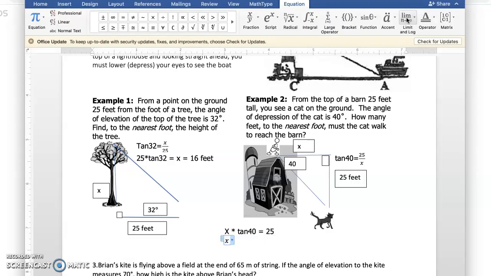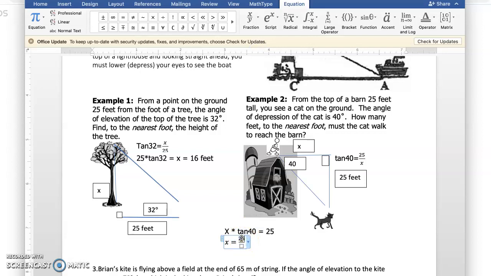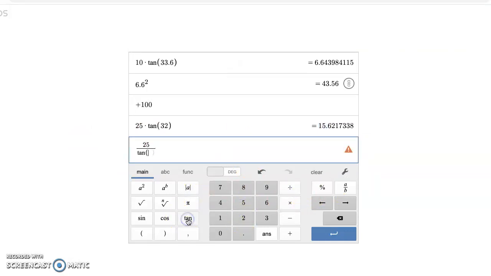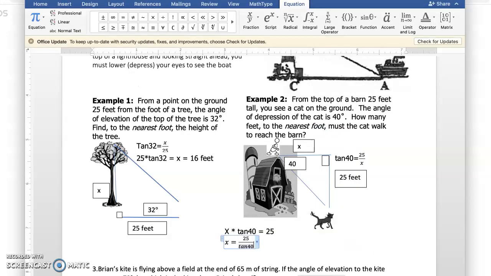So x would be equal to 25 divided by the tangent of 40. When I go to my calculator, 25 divided by the tangent of 40 is equal to about 30 feet for how far the cat has to walk, since we are rounding to the nearest foot.